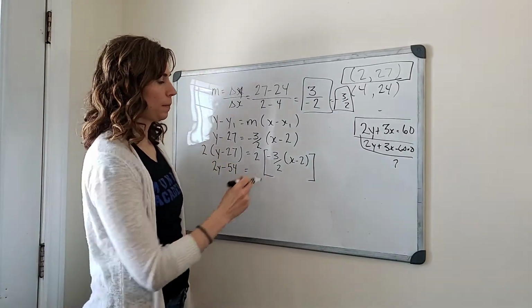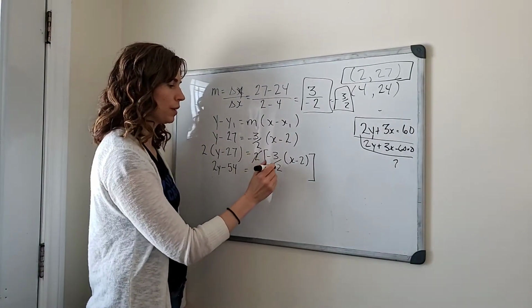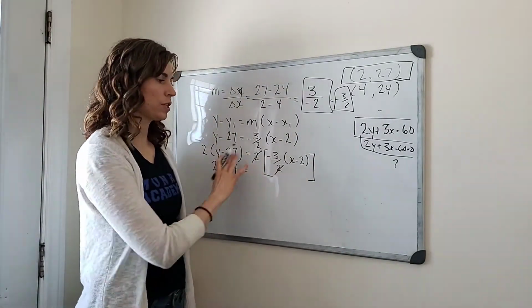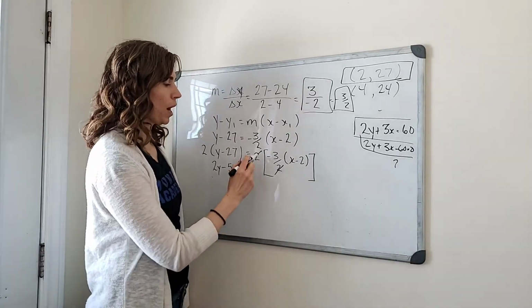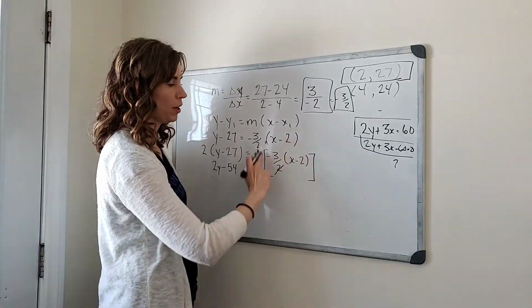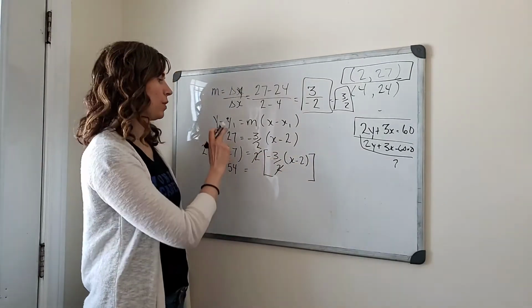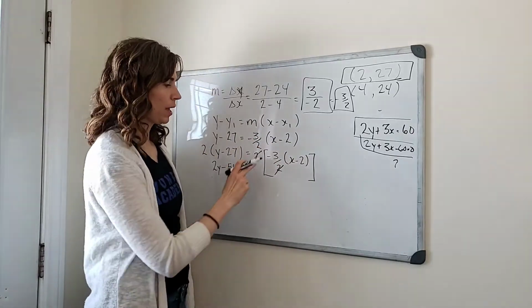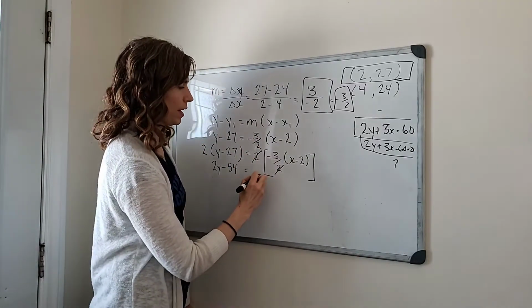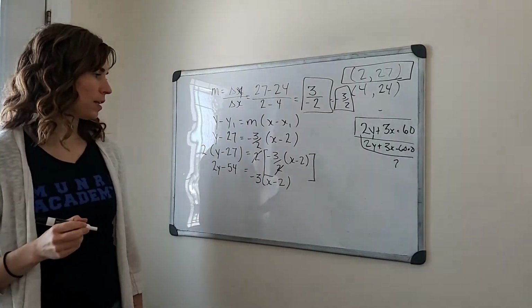Over here, because these are all being multiplied together, this 2 and this 2 will cancel out. That's why we did this, right? We wanted to get rid of that 2. I don't use a distributive property here because these are all being multiplied by one another. You only use that when it's like subtracting inside or adding, okay? So those cancel out and I'm left with negative 3 bracket x minus 2. Beautiful, that is a lot easier to work with.